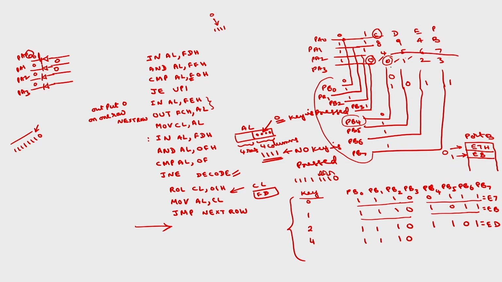Corresponding to all these 4 keys, this code is 1110 only; this 0 will be shifted. Here the 0 was here initially, now here, now here, and now it will be the last one, shifted towards the right by 1 bit position. 1110, this 3 is connected to the P7 line. Okay. So this will be E. Similarly, you can obtain the codes for 4, 5, 6, 7 and so on.